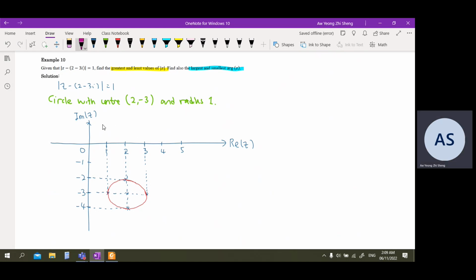Okay, find the greatest and least values of modulus z. Modulus z should be interpreted as modulus z minus 0.